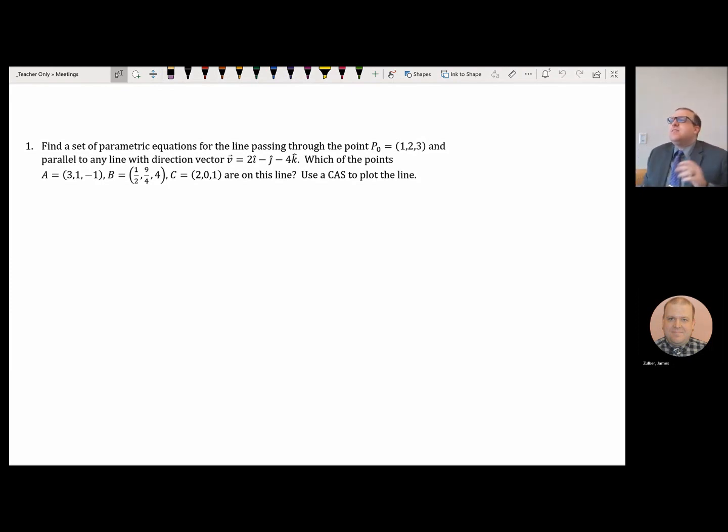So you guys are lucky. When I was in school way back, when dinosaurs still roamed the earth, we had to actually sketch these plots by hand. Have you ever tried drawing a three-dimensional plot on a two-dimensional piece of paper? It's not easy. Now we have technology, but of course we still run into the same problem.